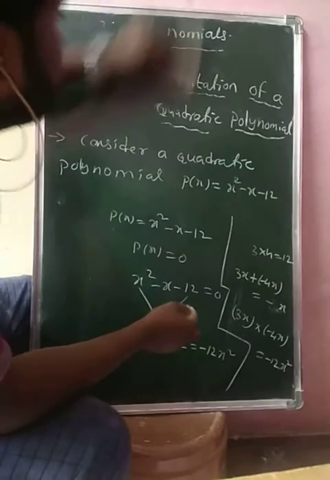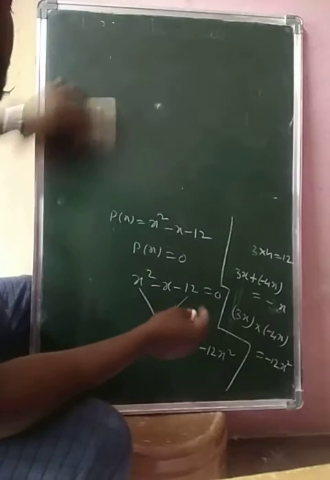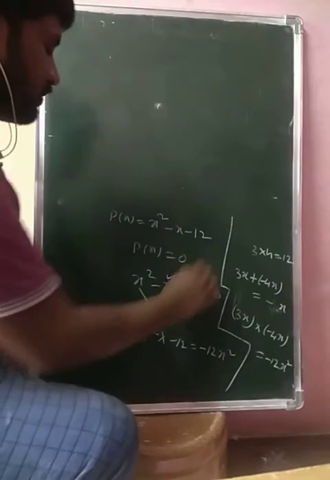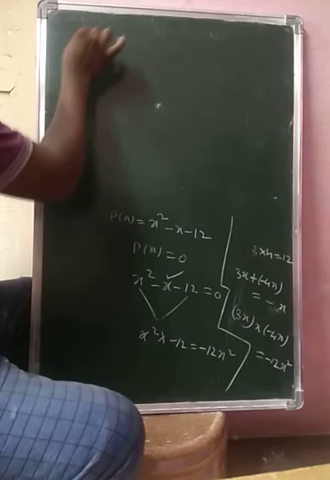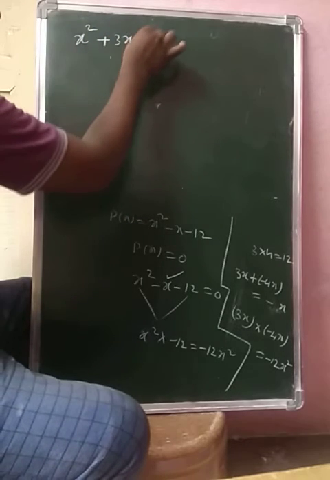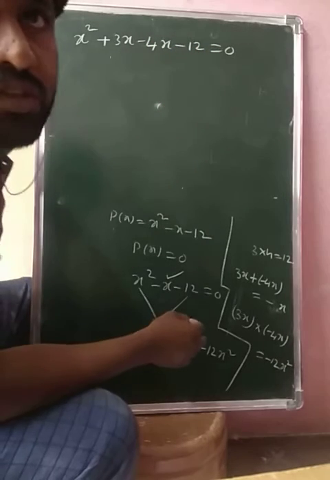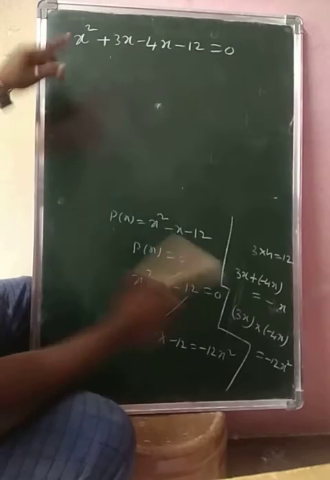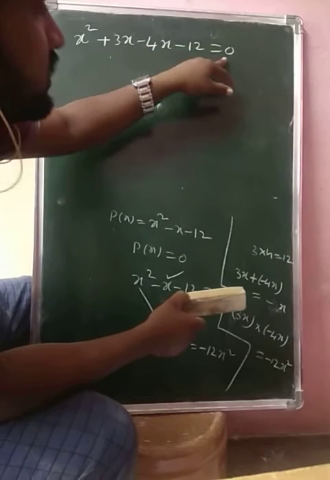Now what I am doing, in the place of x, I am going to write x square plus 3x minus 4x minus 12 is equal to 0. Okay, x square plus 3x minus 4x minus 12 is equal to 0.